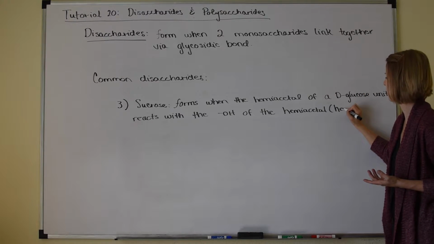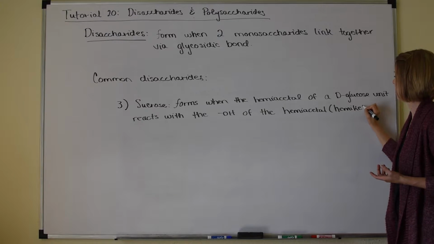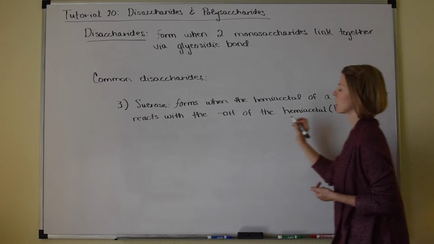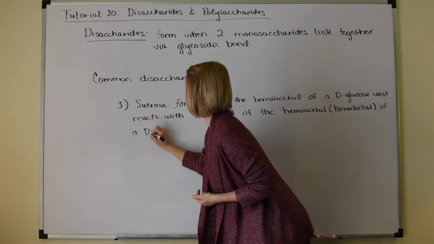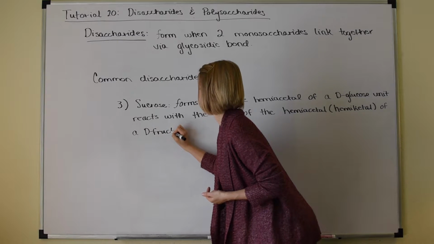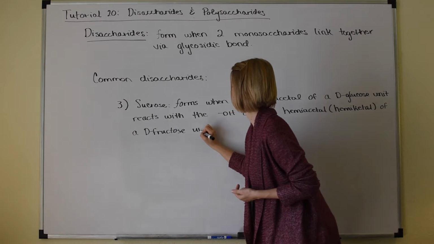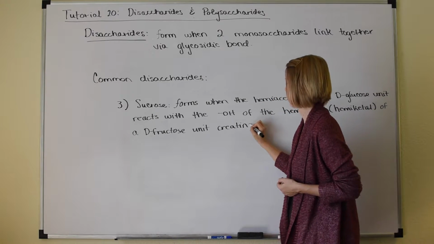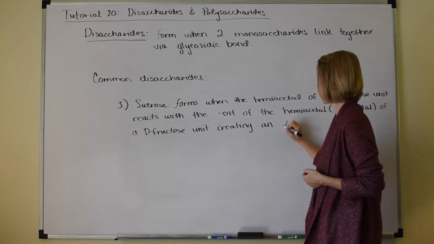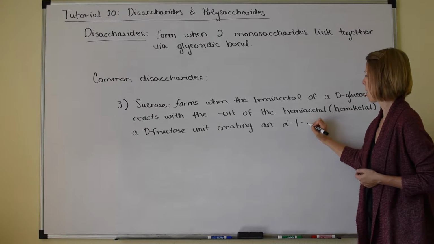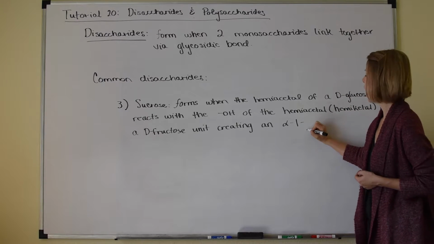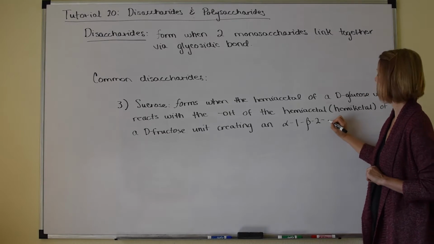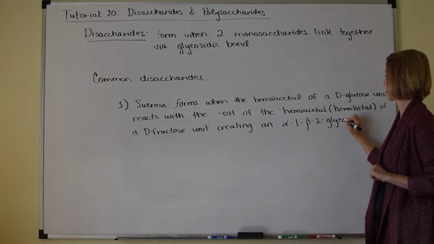So I'm going to write in parentheses here, hemiketal, because it came from a ketone, of a D-fructose unit, creating an alpha-1 with respect to the glucose, beta-2 with respect to the fructose glycosidic bond.